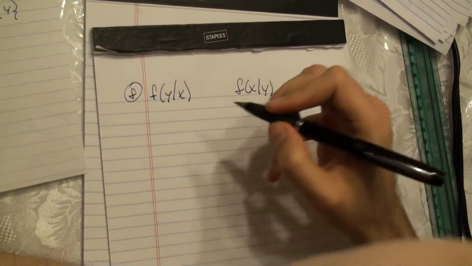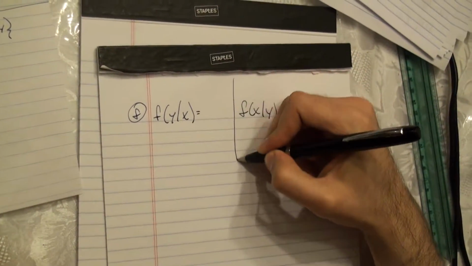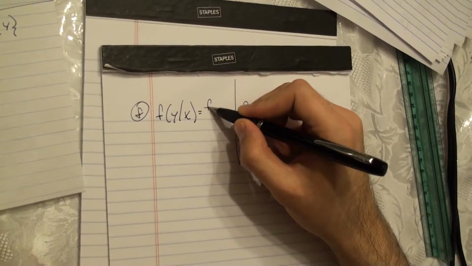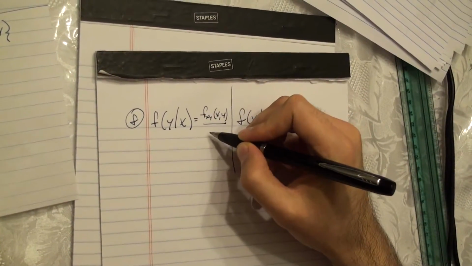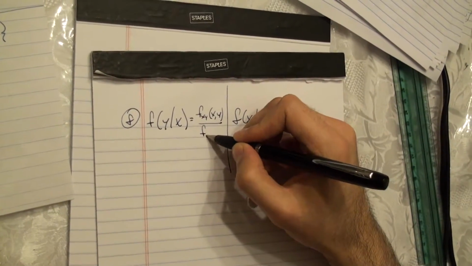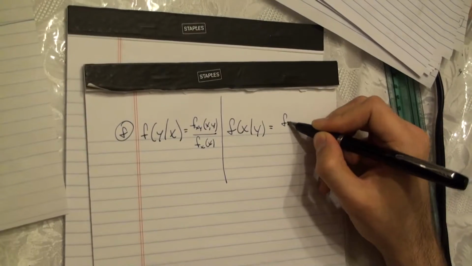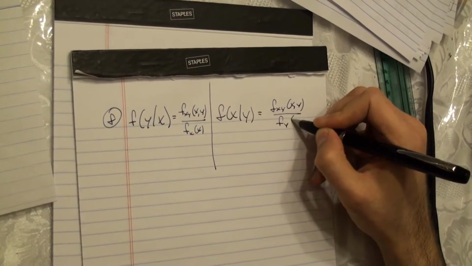Okay, simple enough. So I'm just going to put a little bar here. F of y given x, by definition, is f of xy over f of x. And f of x given y, by definition, is f of xy over f of y.